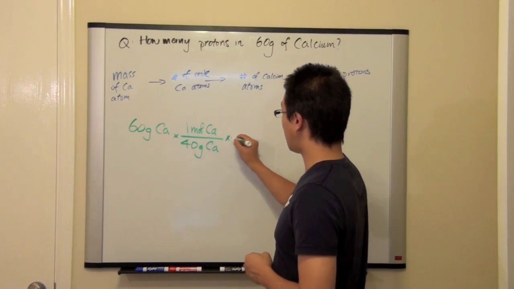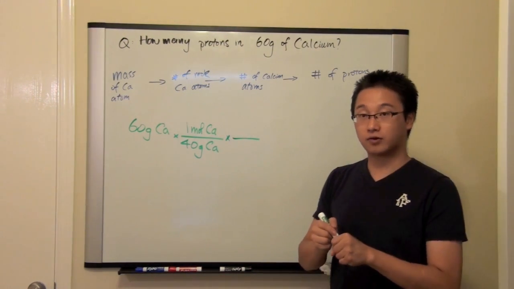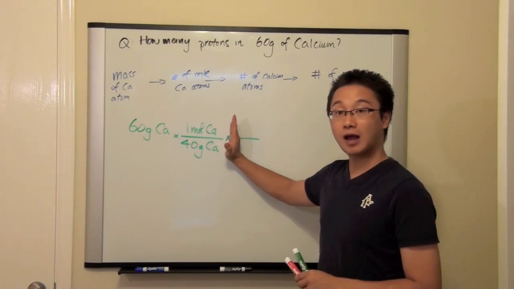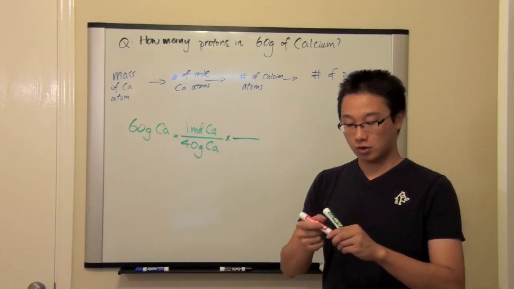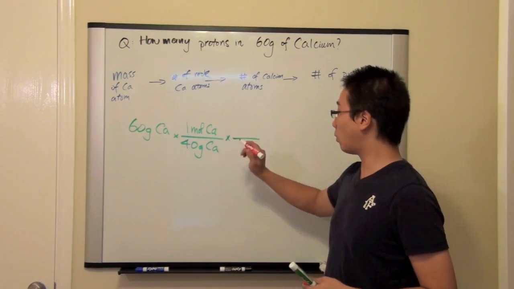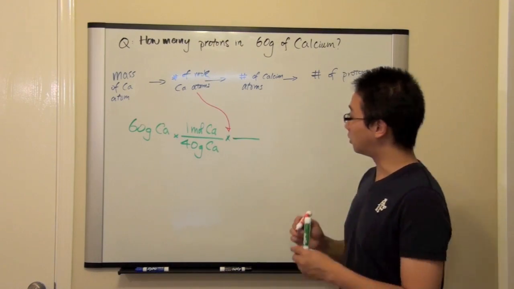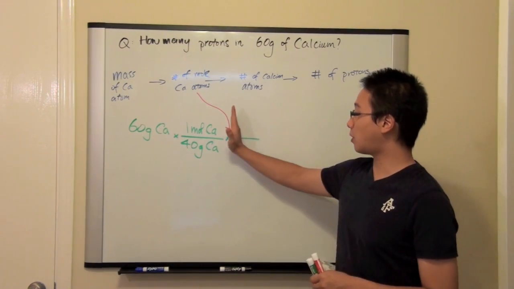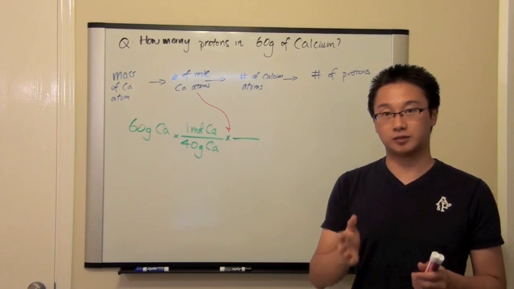Now, before I write the next conversion factor, I would like you to understand that if I stop the calculation right here, what are we finding out? If I stop right here and do the calculation, I should be able to find out the number of moles of calcium atoms.